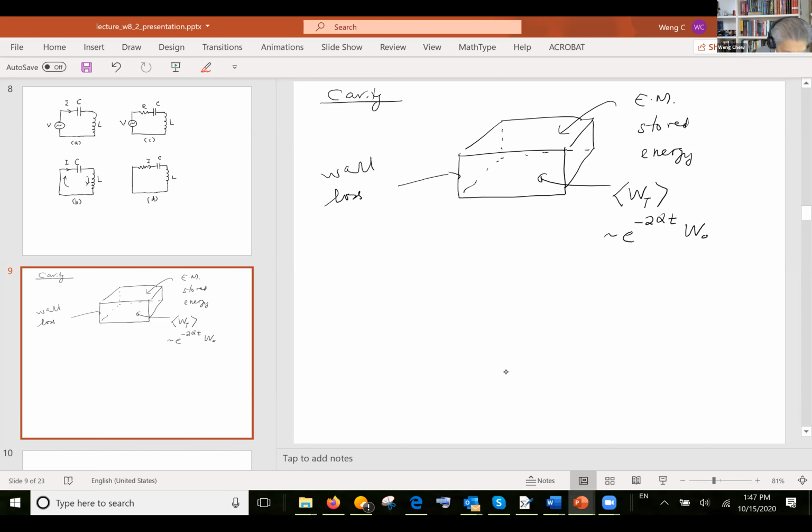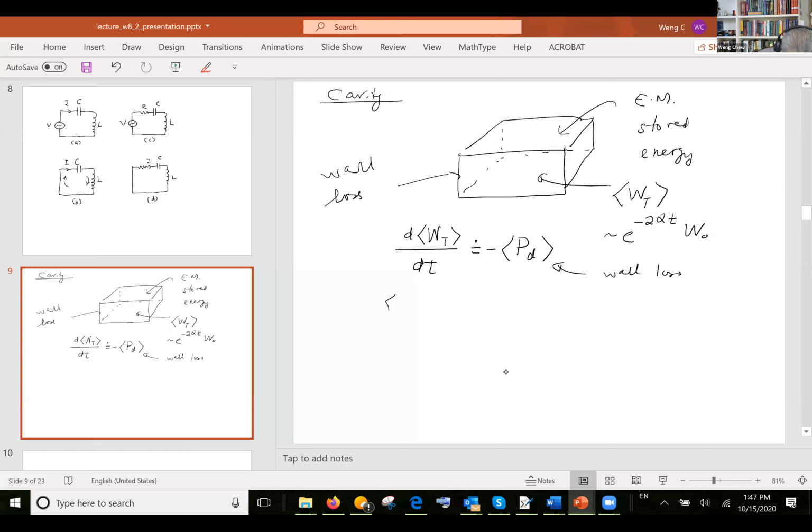Okay, but by energy conservation, this rate of decay of the time average energy stored must be proportional to the time average power dissipation on the wall loss. This is just an approximate concept: the rate of change of energy stored in the cavity is proportional to the negative of the power dissipation on the cavity wall, okay?